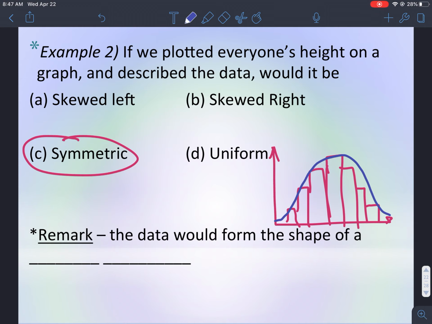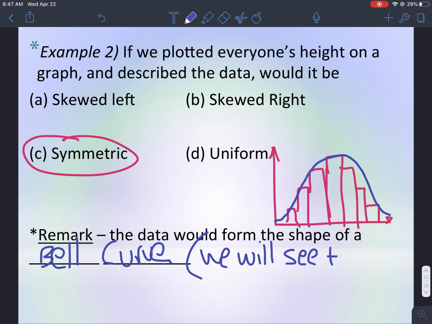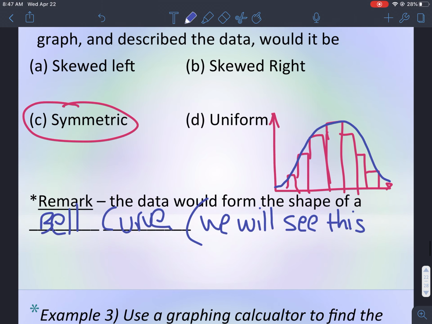That's going to be true for height. If you took data from any random classroom and you measured everybody's height, you would get a picture that looks pretty similar to a bell curve. We will see this later on when we talk about what's called the normal distribution.